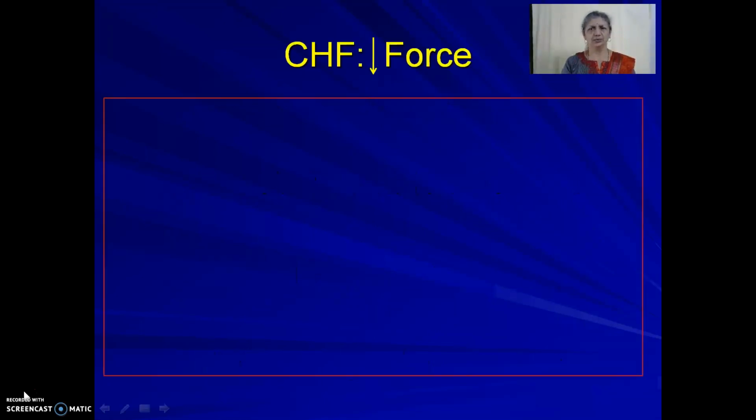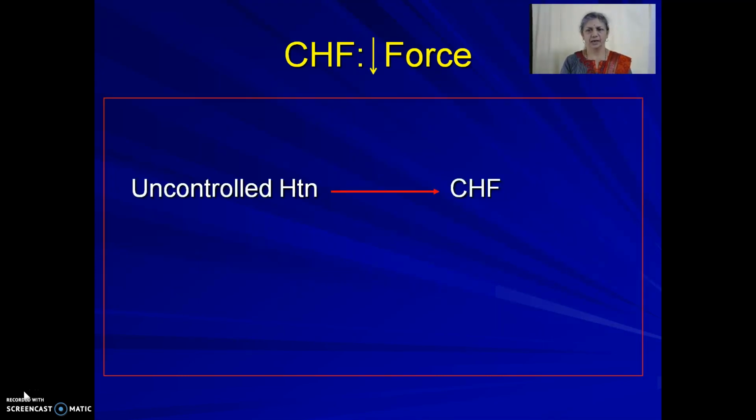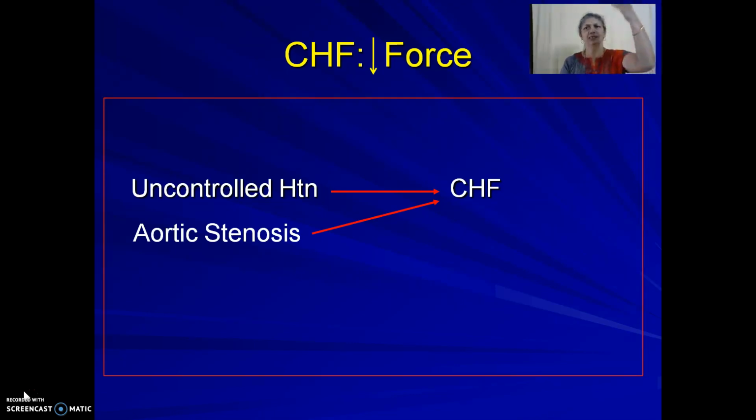What can cause the patient to go into heart failure, or what can lead to compromise in the heart's pumping power? The commonest cause is overexertion or fatigue, like uncontrolled hypertension, which causes continuous overexertion for the heart and can lead to heart failure. Even aortic stenosis, that is narrowing of the opening of the aorta through which the heart has to pump out the blood to reach the entire body.